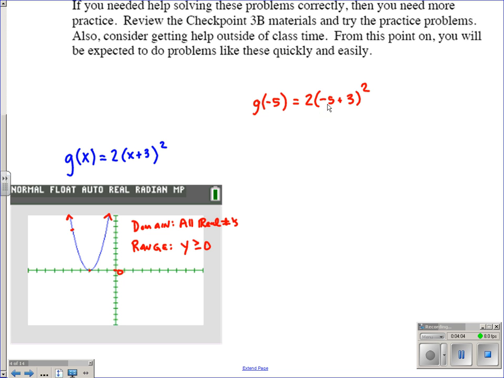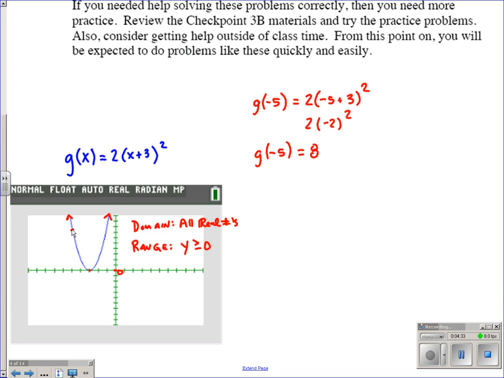squared. Negative 5 plus 3 is negative 2. So we have 2 times negative 2 squared. Negative 2 times negative 2 is 4. And then 4 times 2 is 8. So we get 8 as our output when negative 5 is our input.